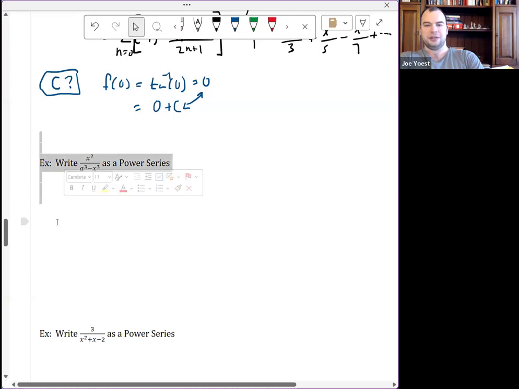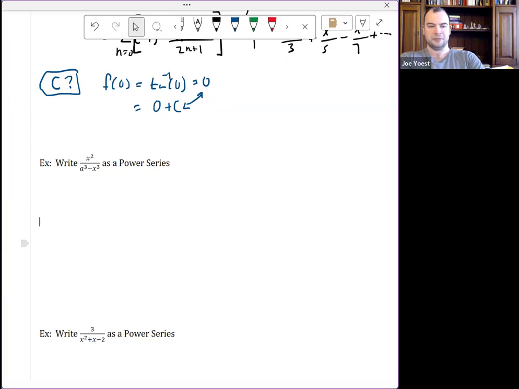Okay, let's look at this next example. Let's write x squared over a cubed minus x cubed as a power series. So what can we do here? We saw something similar to this already. I can break out x squared in front. I can divide top and bottom by a cubed.